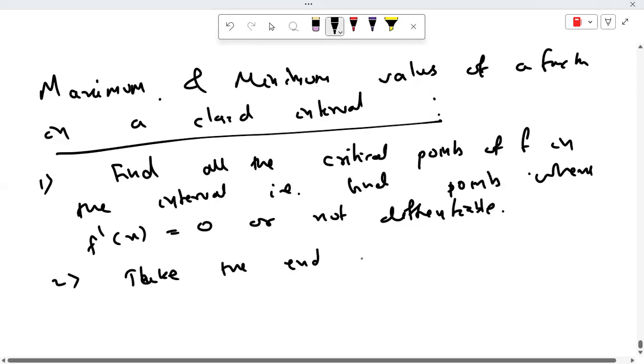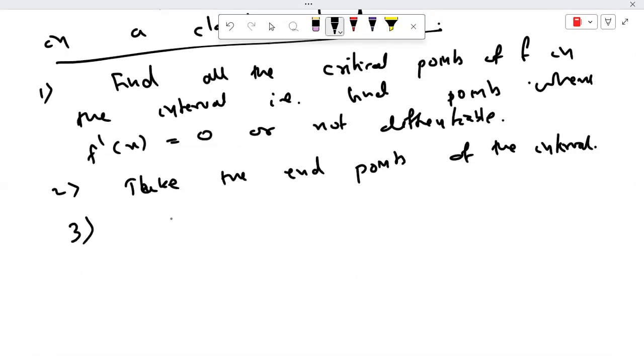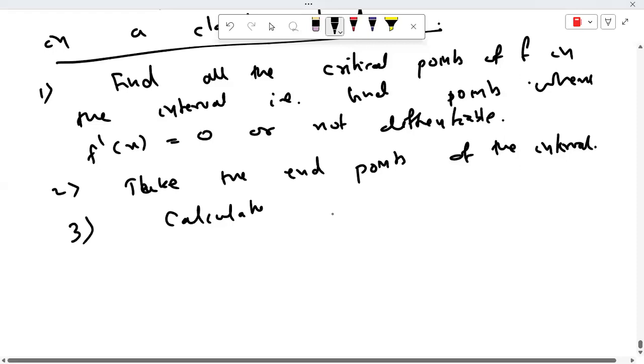Take the endpoints of the interval. Calculate f of x at all these points.